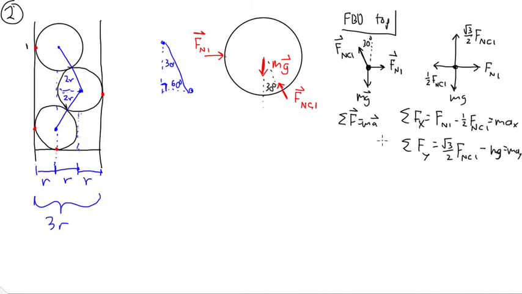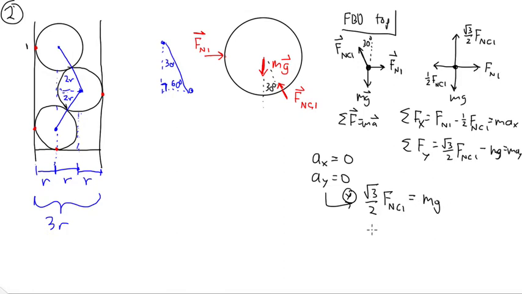But since AX and AY are 0, these guys are all in static equilibrium, so you can solve. Taking the y equation, √3/2 times FNC1 equals mg, and all that's saying is that what's holding it up against its own weight goes down, and then the √3/2 times this force goes up, and those two have to balance, okay?